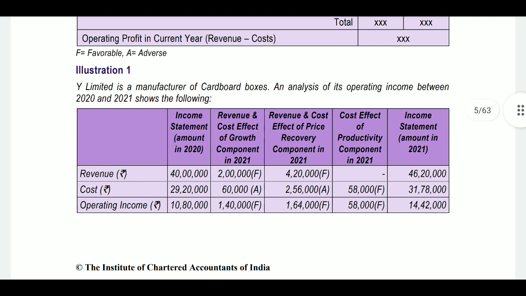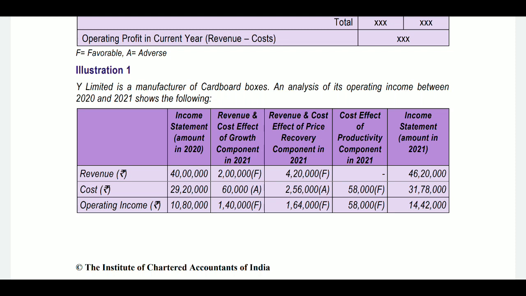For this, they provided one illustration. What is there in illustration number 1? They provided that Y Limited is a manufacturer of cardboard boxes, and an analysis of its operating income between 2020 and 21.